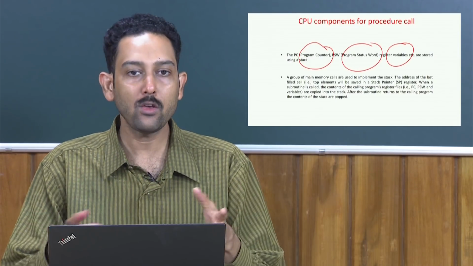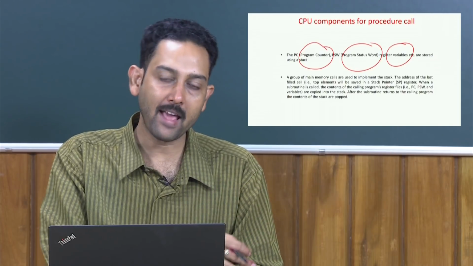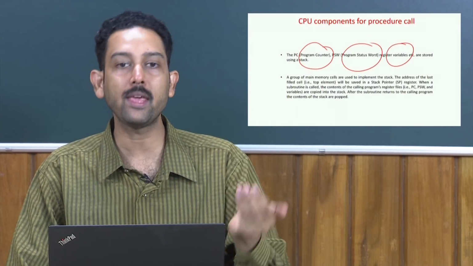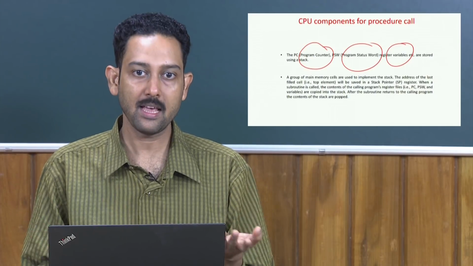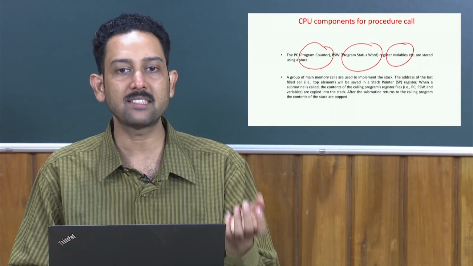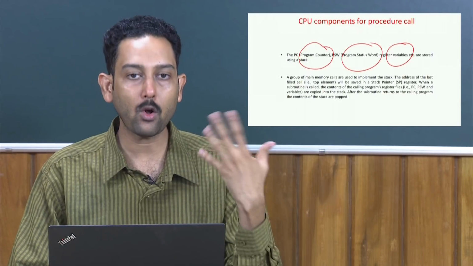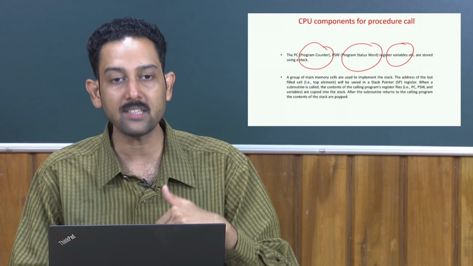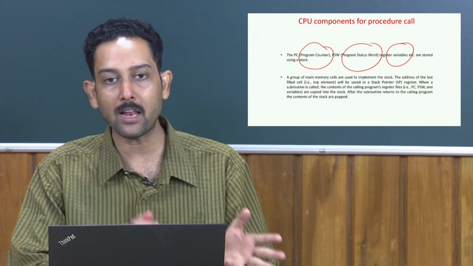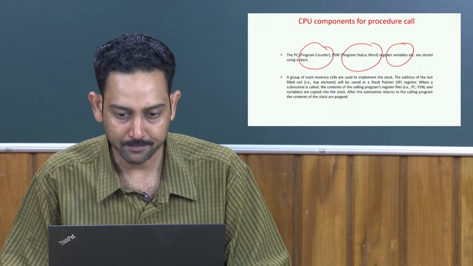So you have to save the value of the flag register, and when you come back from the procedure to the main code, you have to regain it, because they are shared resources. The program status word, program counter, variables and registers are shared components of the CPU among the main function and several procedures, so you have to save the value if you are moving from one procedure to another.